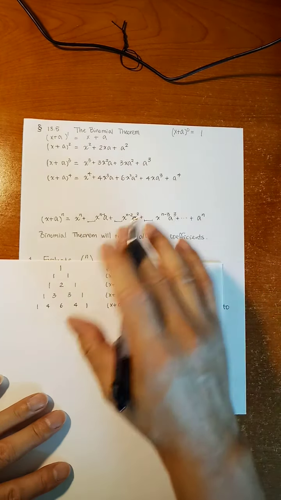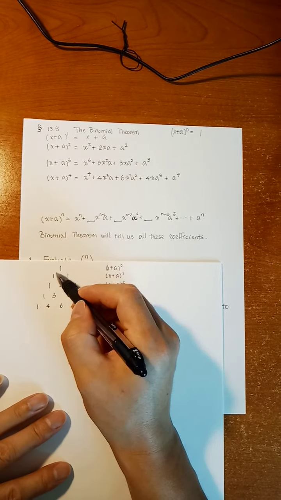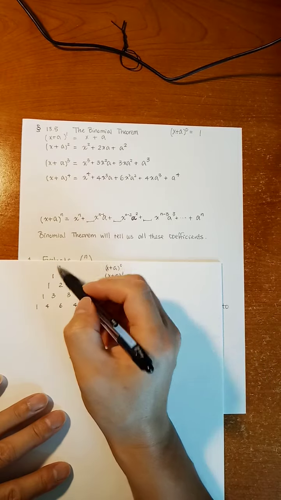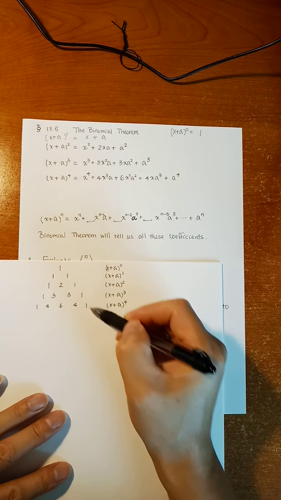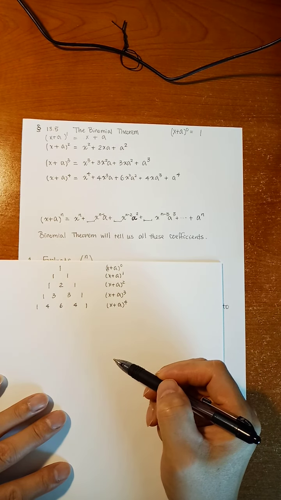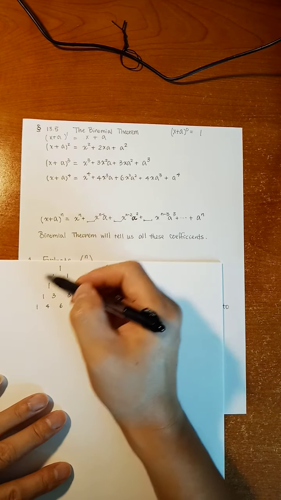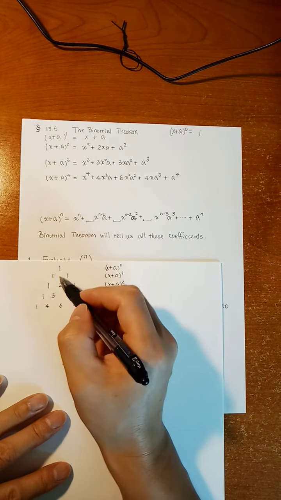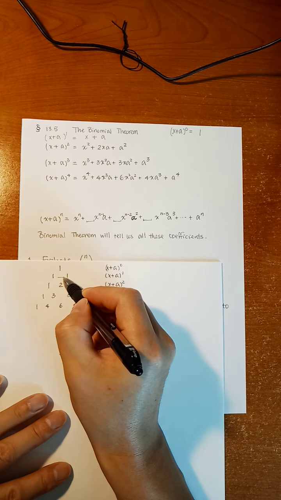Okay, now let's observe what we have. This triangle, we consider as a triangle. The left side and the right side are always 1. And then the interesting property is that you add these two.